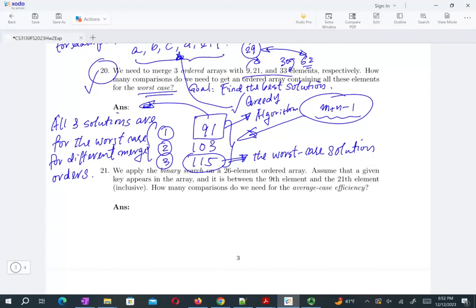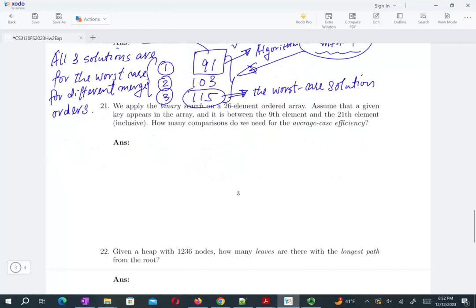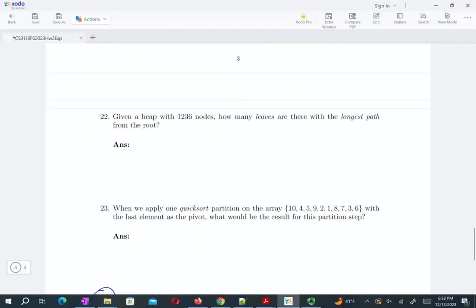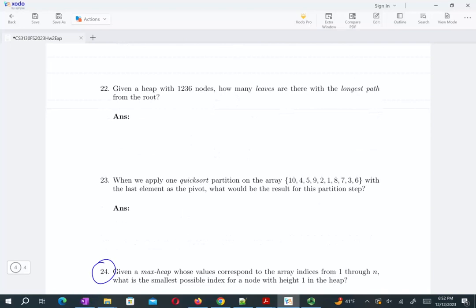Question number 21. In my solution, I put the details, and in the hint video, I use a simpler example to explain the standard procedure to find a solution for a question like this. So there are 2 places you can get solution information. Number 22, I use a simpler example in the hint video to show you the standard procedure.